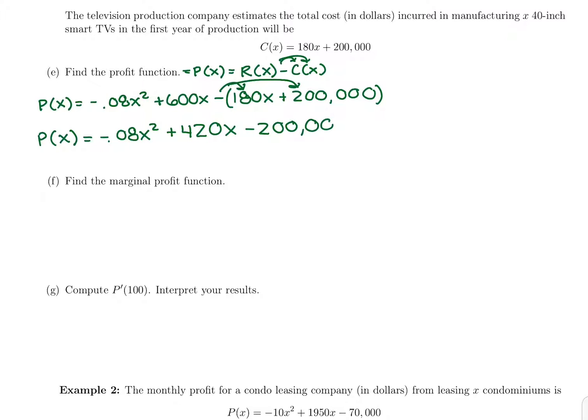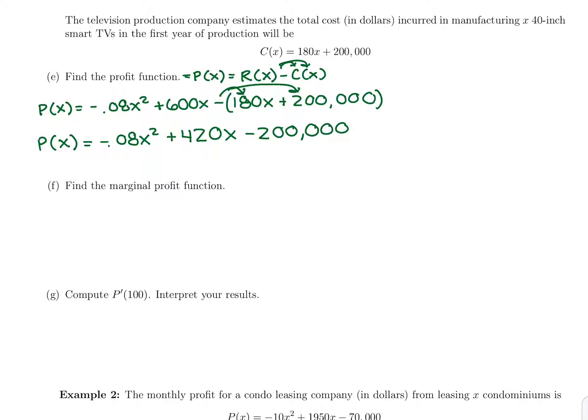And more importantly, if you plug in 0 to this, your profit for selling 0 TVs after buying this television company or starting it up yourself, your profit should not be positive. If you sell 0 of this, you plug in 0, you would get negative $200,000. They are out $200,000 every time they sell 0 TVs. So that makes more sense than selling 0 TVs and having a plus 200,000 at the end, because you shouldn't have profit off of selling no TVs.